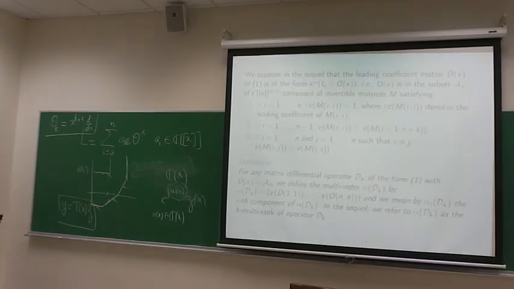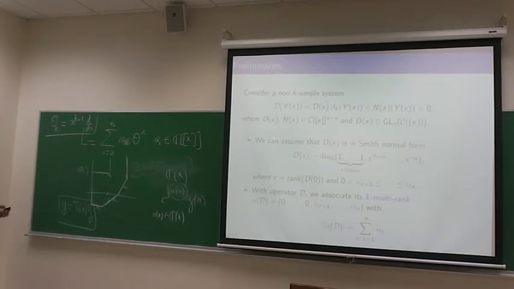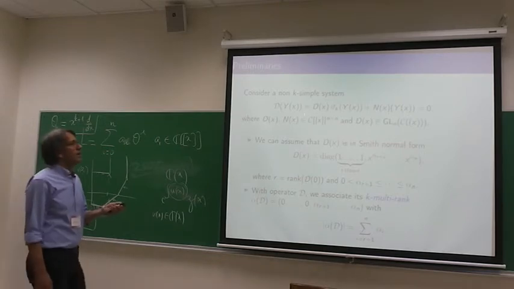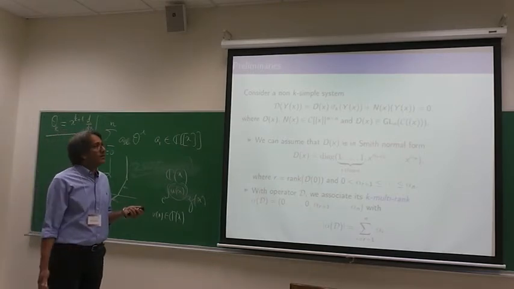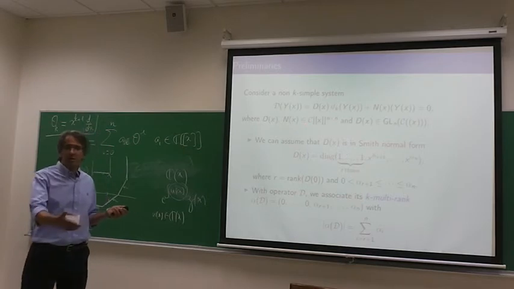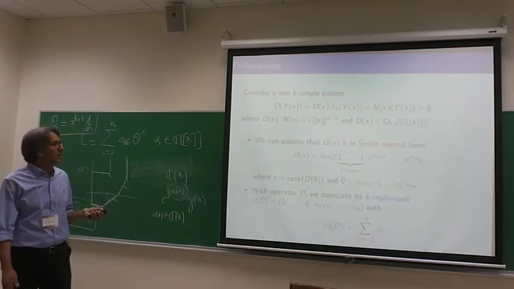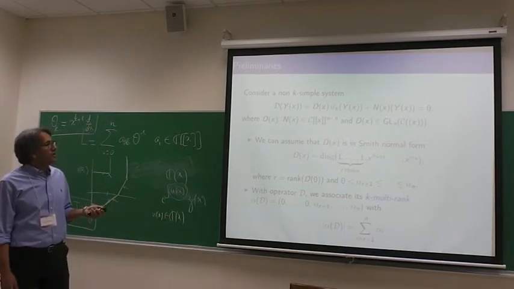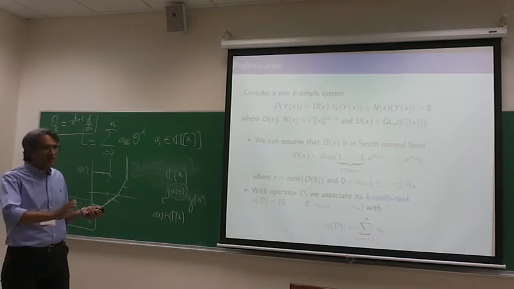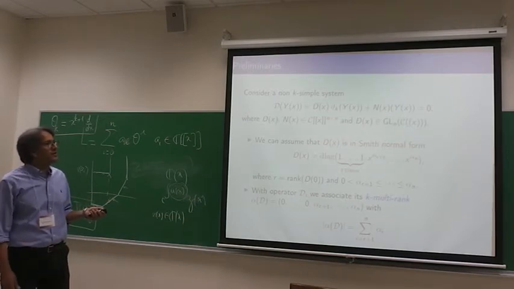This I can skip, it is too technical. Now consider a system which is written in this form. I suppose that it's not simple, and I want to transform it into a simple system. Without loss of generality, just for convenience of the presentation, I can suppose that d of x is in Smith normal form.